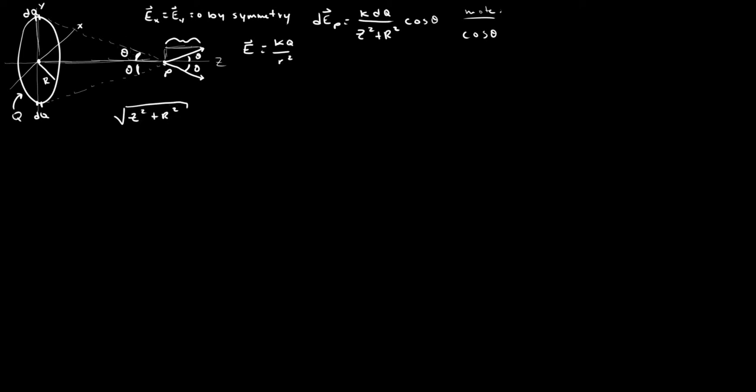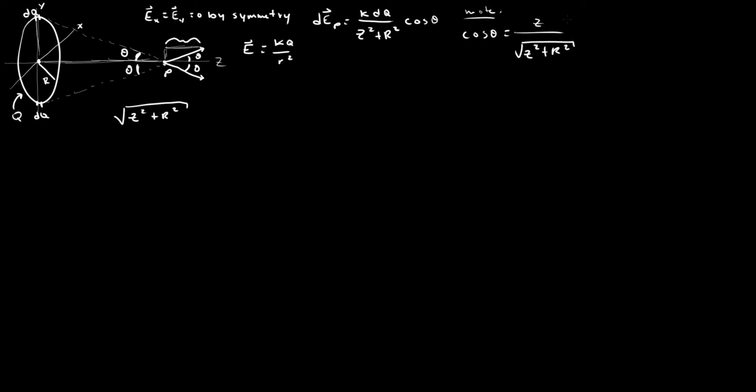Because we know cosine is equal to adjacent over hypotenuse, so adjacent would be z and the hypotenuse would be the square root of z squared plus r squared.